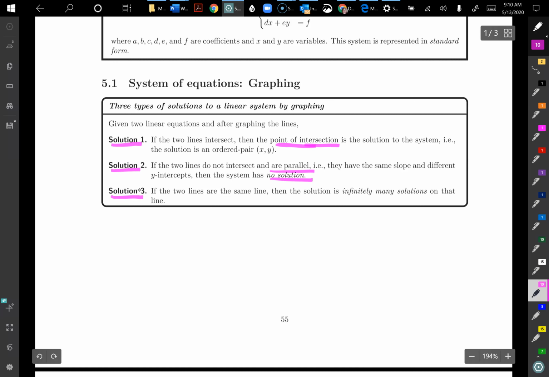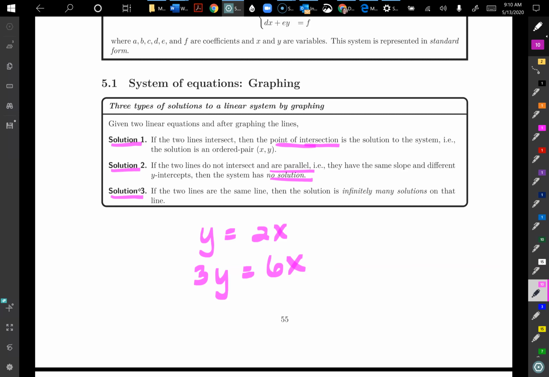And then solution 3: if they're actually the same line, then they will overlap. So one line can be a multiple of another. Like say if I had y equals 2x and I have 3y equals 6x, if I went to graph those, they would actually be the same line, right?